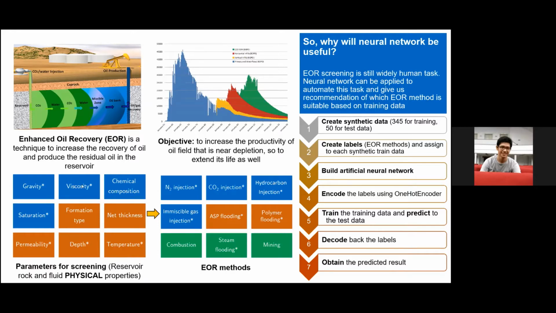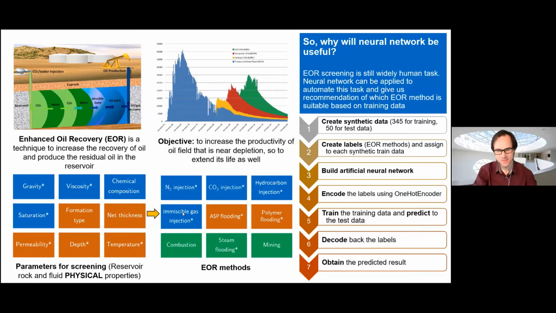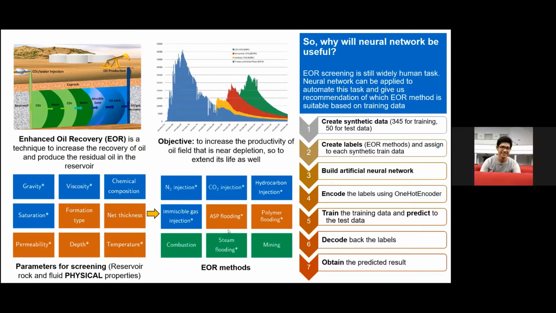The little star that I show marks the properties that I use for the neural network model. Based on these properties, I also make labels. The labels are these EOR methods. Then I associate these labels with the synthetic data. And then I also generated 50 data sets to represent the testing data.